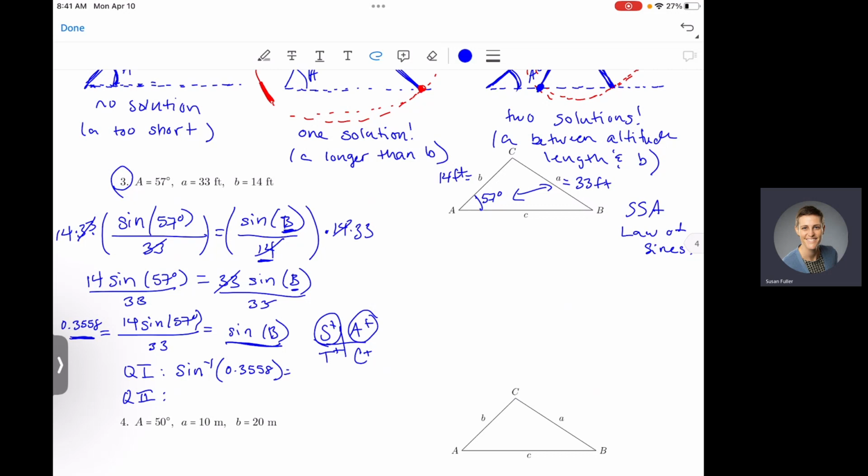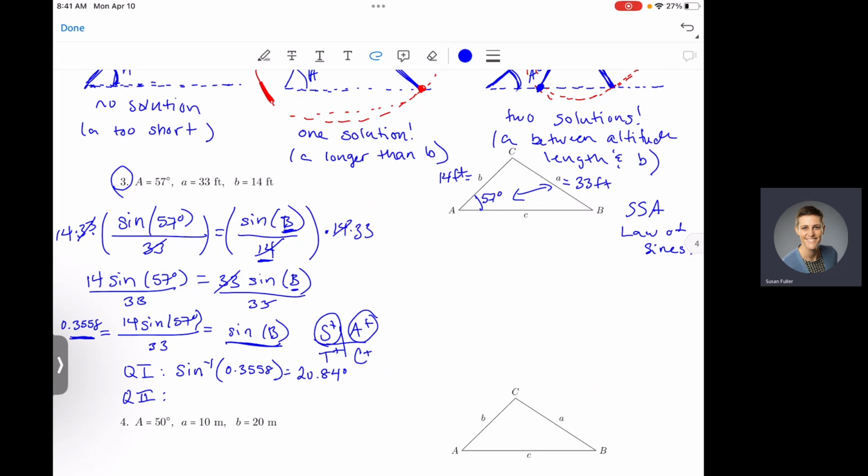Again, try not to round if you can. I'm going to do the arcsine of what I just got, and when I do that, I get 20.84 degrees. That's my quadrant 1 solution.